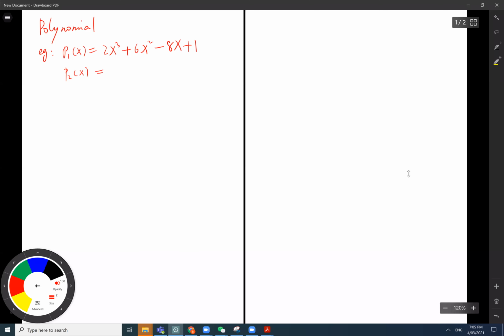Is this one a polynomial? Is the second one a polynomial? Yes, it is a polynomial. Next one. Daniel, how about 5x minus 4? Is this a polynomial?